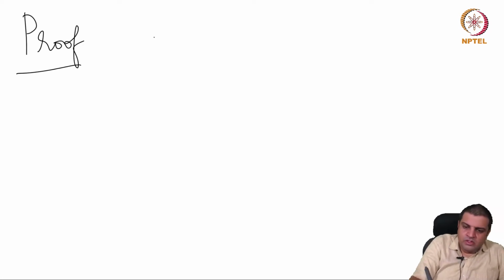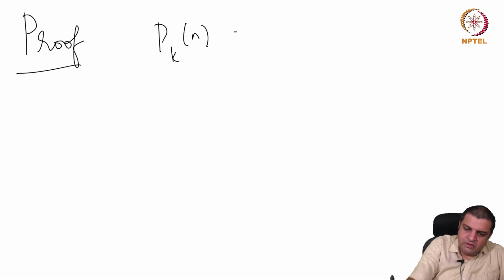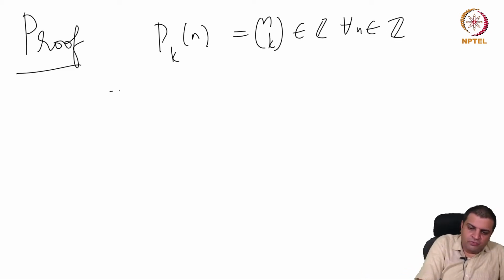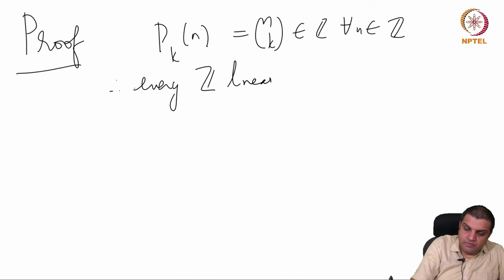Notice that P_k satisfies this. P_k of n is just n choose k, which is an integer for all n in Z. Therefore, every Z-linear combination of the P_k also has the same property.